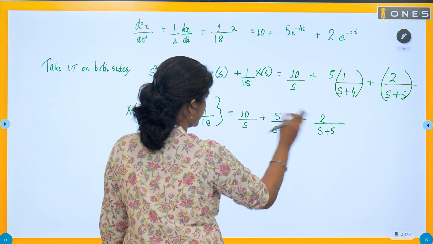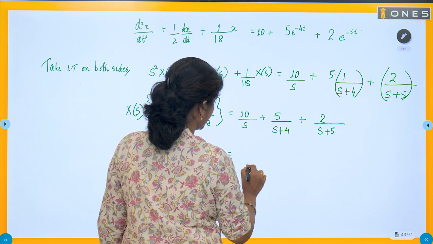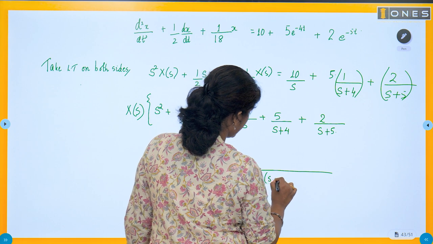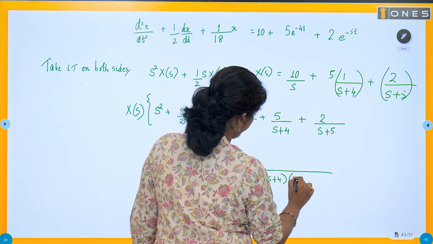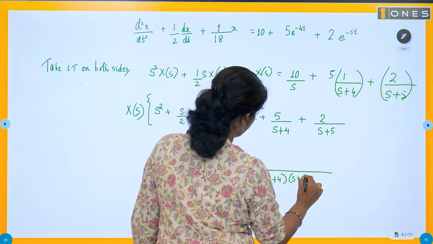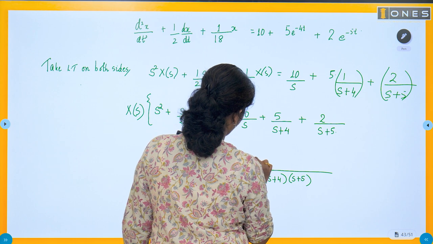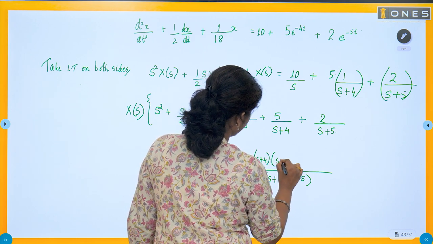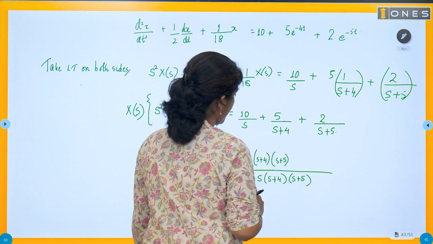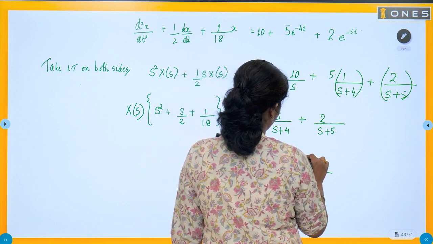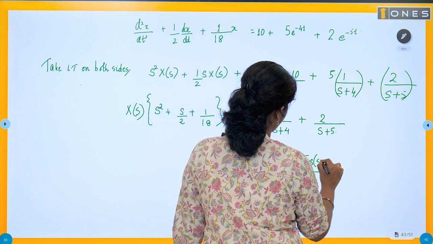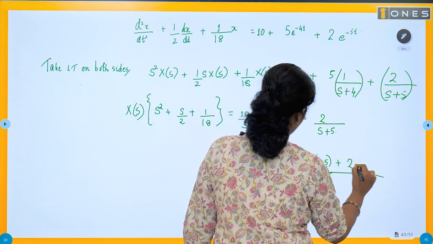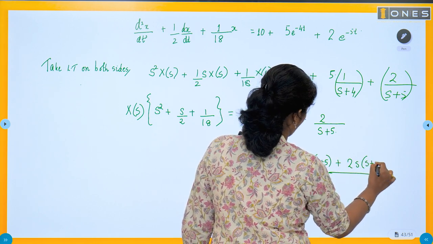So right hand side I can simplify. I'll just take the LCM. Here LCM is s into s plus 4 into s plus 5. So we have 10 multiplied by s plus 4 into s plus 5, plus 5 multiplied by s into s plus 5, plus 2 multiplied by s into s plus 4.